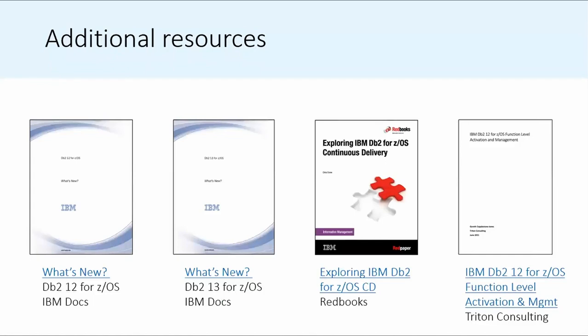Okay, so here we have some additional resources for function levels for Db2. There is the What's New in Db2 12 for z/OS IBM documentation. We also have a What's New for Db2 13 for z/OS, also in IBM documentation. Again, you can click on these links and it will take you directly there when you have access to these slides.